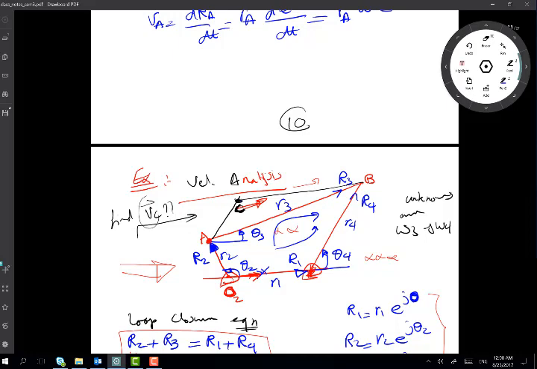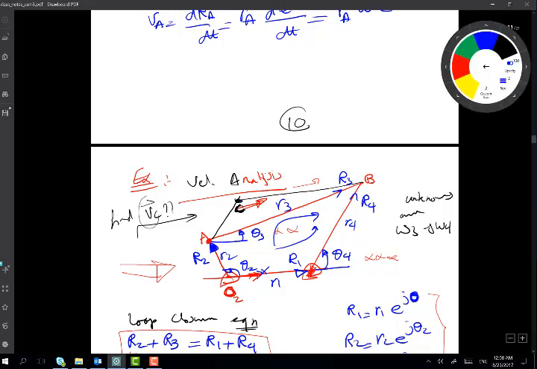So how to find the velocity VC of a point? What you need to be able to do that is, normally C is rigidly attached to a link. So there is a vector here, some distance, let's call it RC, and there is an angle, let's call it phi, a constant angle phi. As simple as that.